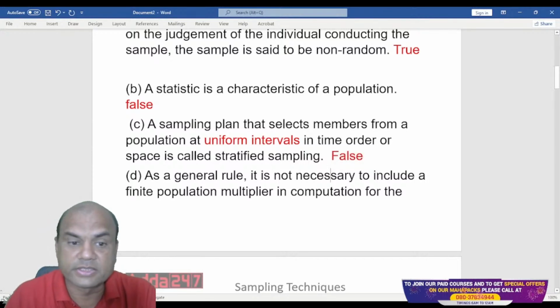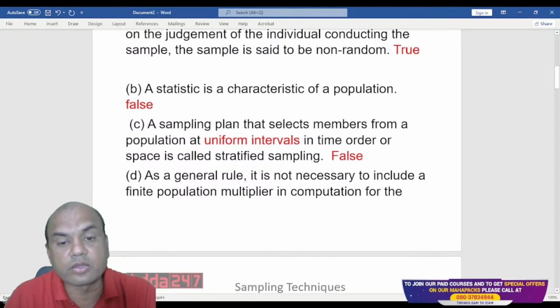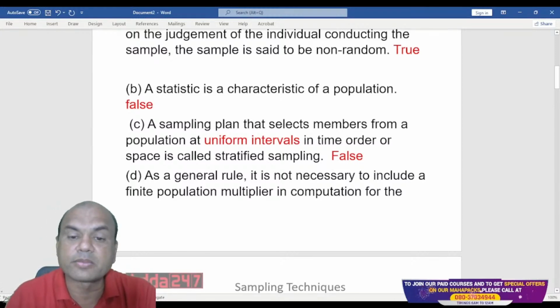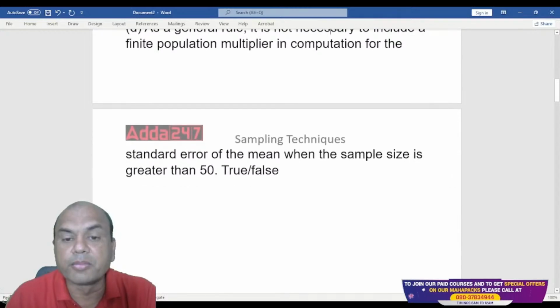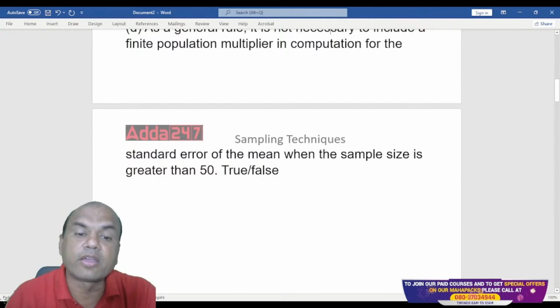Next one. As a general rule, it is not necessary to include a finite population multiplier in computation for a standard error of the mean when the sample size is greater than 50. Okay, let me change this.